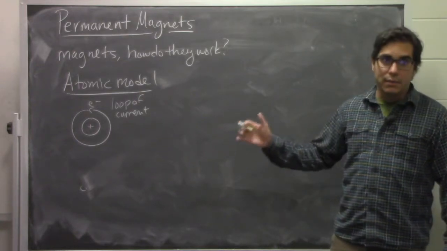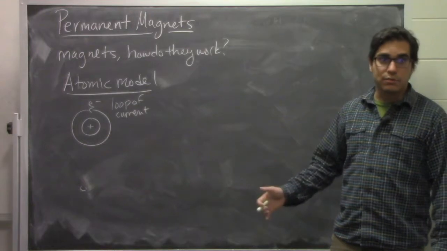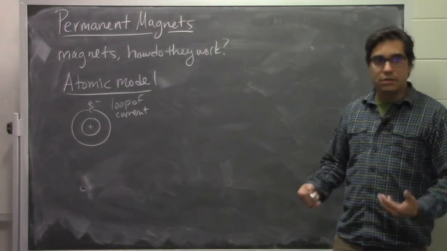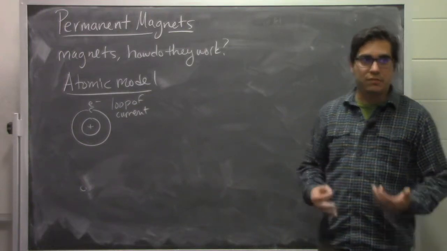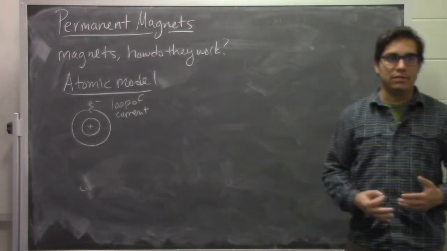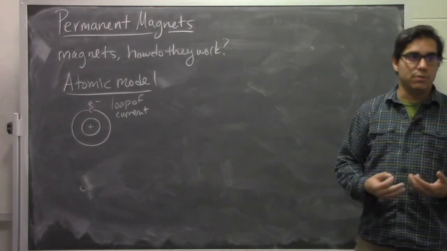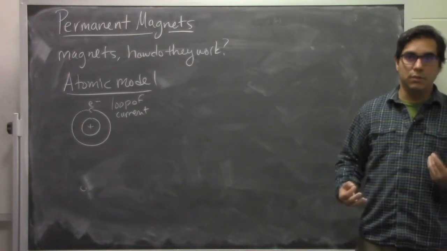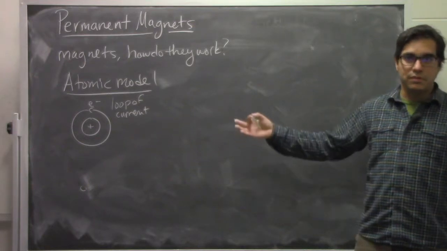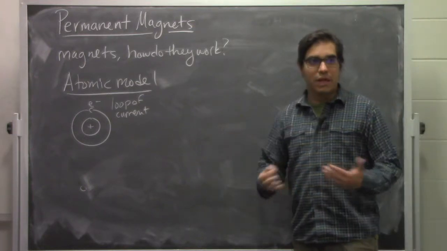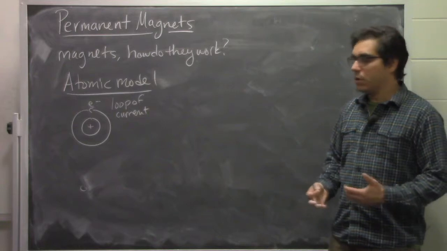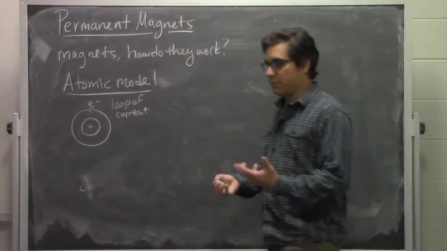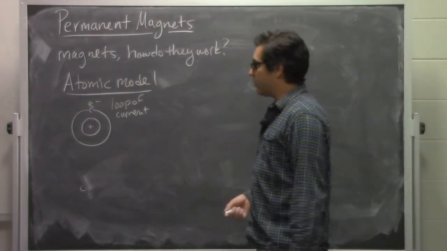Now, this is a bad model. This is not actually how electrons work, right? It actually takes us some understanding of quantum mechanics to really be able to generate the theory of magnetism that is grounded in what we understand atoms to actually do. But it's one that helps us understand, sort of classically, what's going on with magnets, like physical magnets, like your refrigerator magnets, for example.